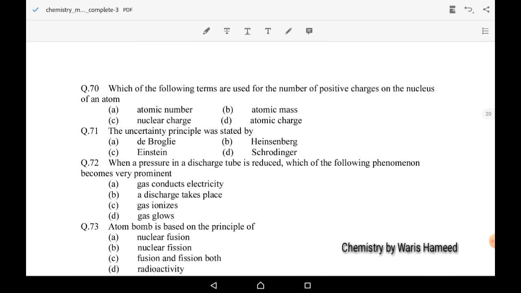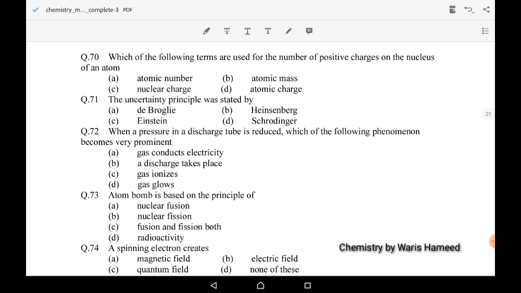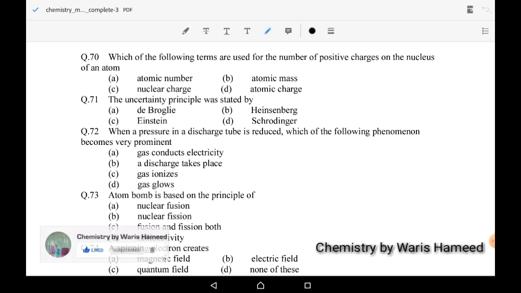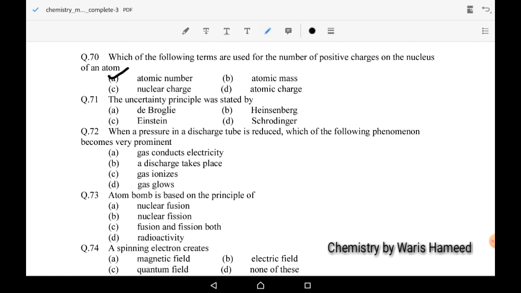Next MCQs. Which of the following terms is used for the number of positive charges on the nucleus of an atom? It's atomic number. Uncertainty principle was stated by Heisenberg. When the pressure in a discharge tube is reduced, which of the following phenomena becomes very prominent?